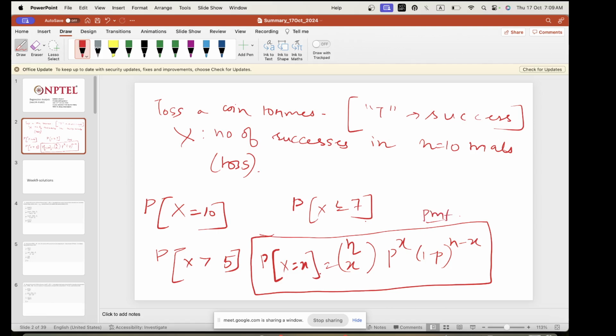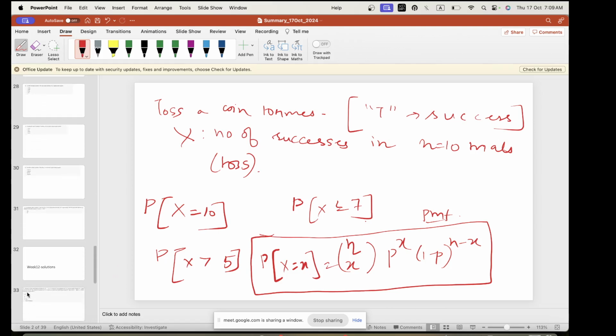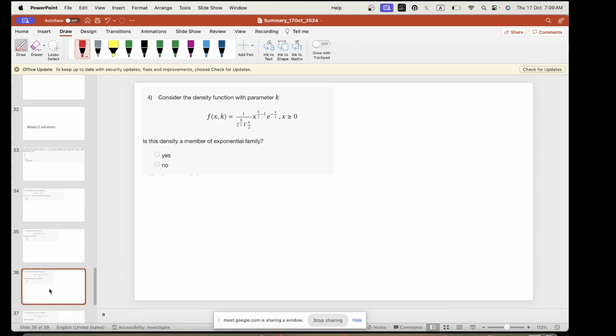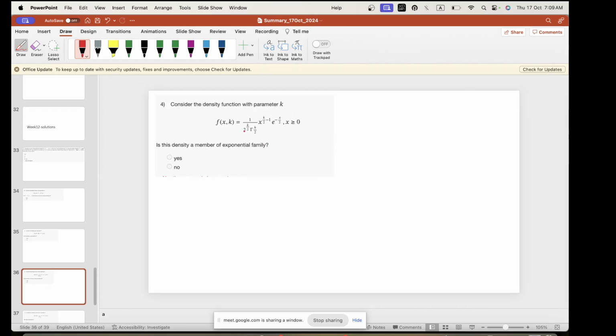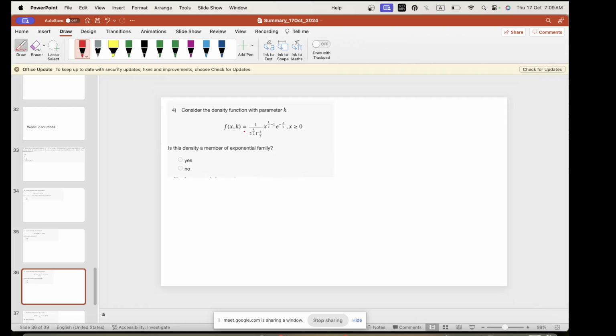Ma'am, as for question number 4 in the assignment of week 12, we are asked to check whether it is an exponential family distribution or not. For solving this, which formula?